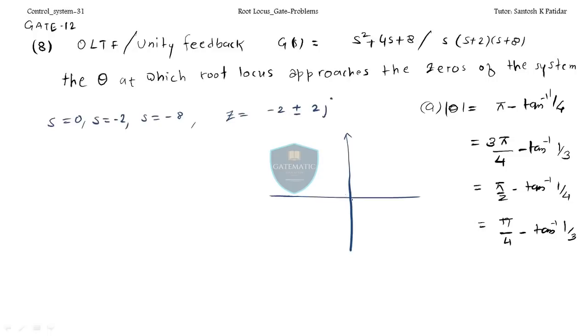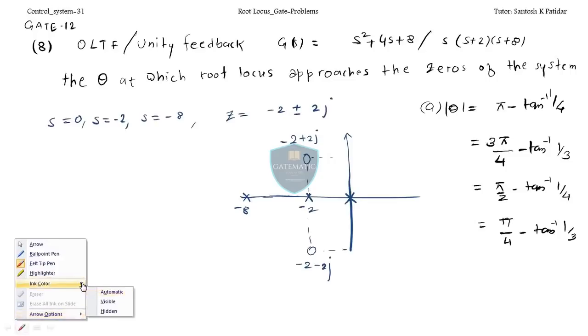Okay, at s equal to 0, pole, at s equal to -2, pole, is equal to -8, again pole, -2 plus 2j, over here 0, over here 0. Okay, and this is -2 plus 2j, -2 minus 2j. I think this one is clear to you, correct?